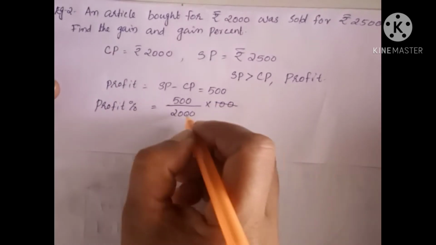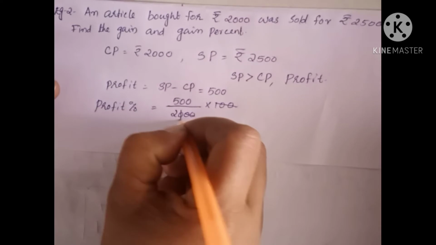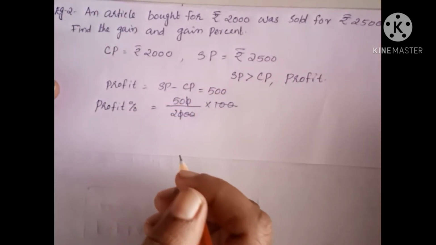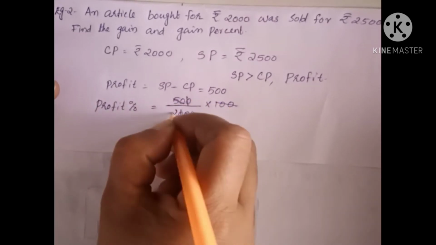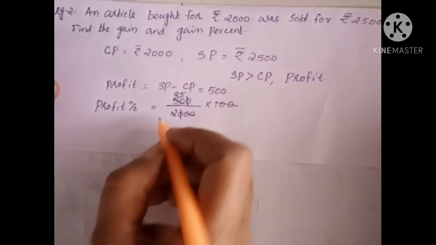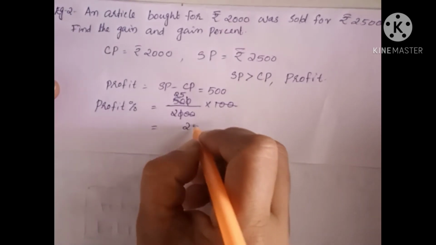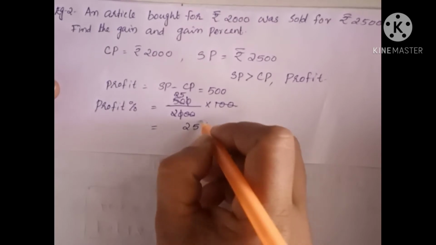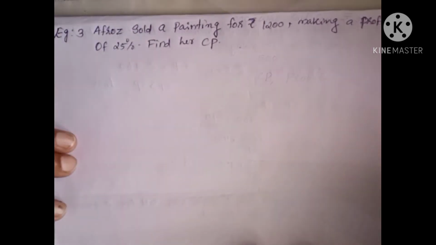We can cut this 100 and this 0. Then in 50, how many 2s? 25. So profit percentage equals 25. 25% is the profit.